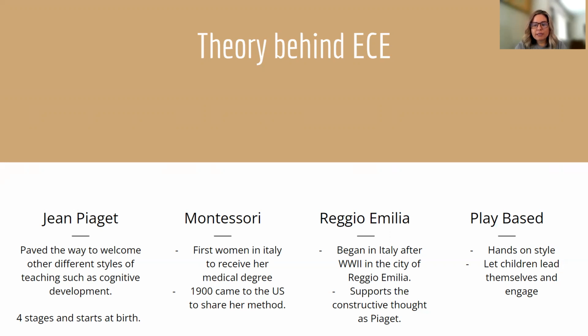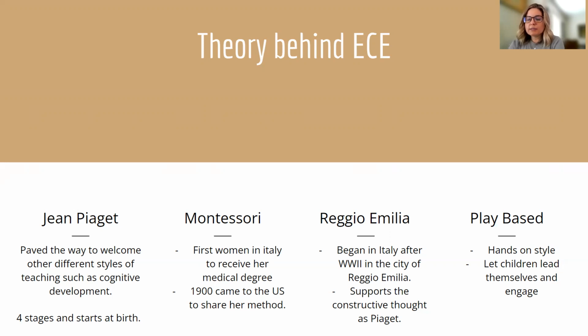Next is Reggio Emilia, which began in Italy after World War II in the city of Reggio Emilia. So that's interesting, right? It supports a constructivist thought, as Piaget did, so they have similarities there. And then next would be the play-based theory.